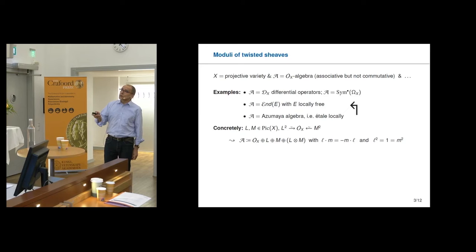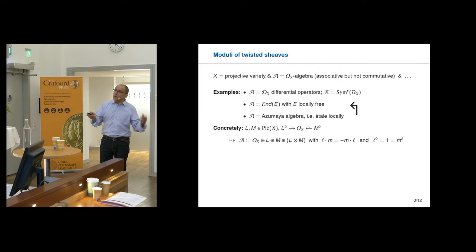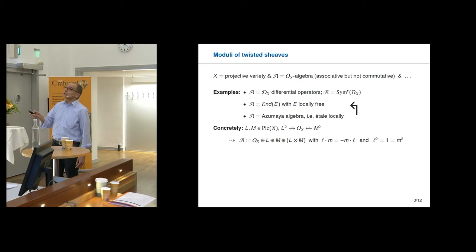So you could start with two line bundles on your variety. So think of a curve. Both two-torsion in the sense that the square of both is the trivial line bundle. Okay. So then you can write down this sheaf here, and you can endow it with the structure of an O_X-algebra by saying how these elements in L, M, and the tensor product multiply with each other. So L squared via this isomorphism you declare to be 1, and M squared the same, and the product of LM commutes up to this sign.